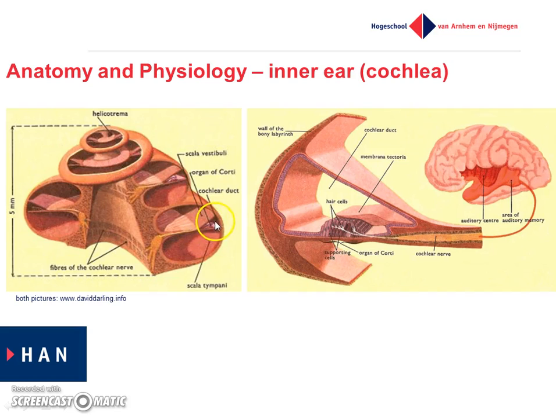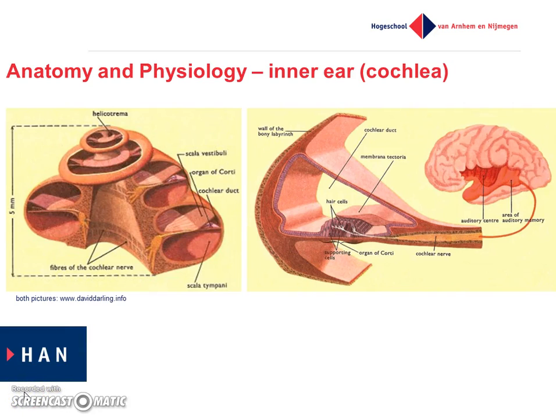As you see, the scala media is way smaller in diameter than the scala vestibuli and the scala tympani. And the scala media is in between them, but just for a small part in between of the other two scala.